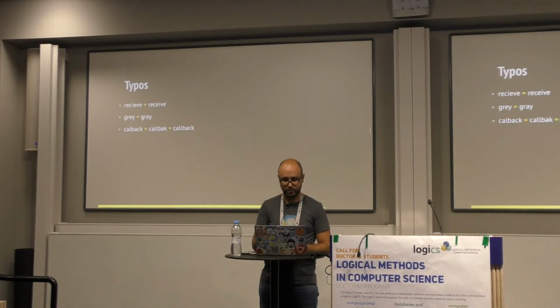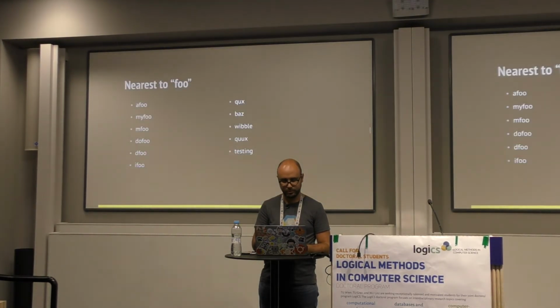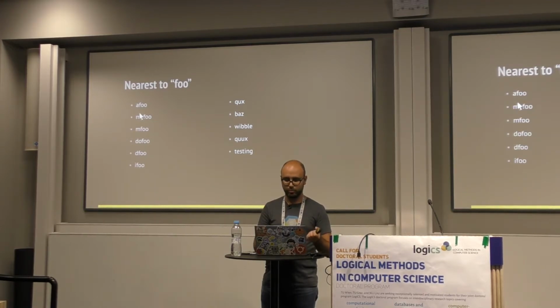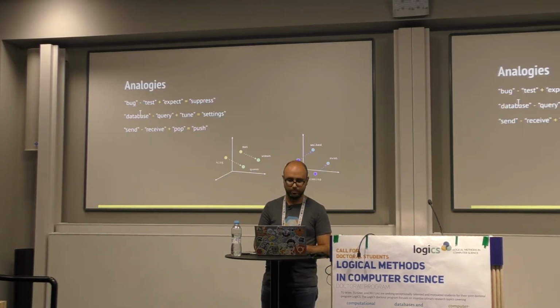I'm skipping this and just passing over to the results. So in this case, our splitting was not so perfect. And if you look for identifiers nearest to foo, you not only get metasyntactic variables, but also you get a lot of prefixes. It works for normal ones. The results are a bit better. As I said, you can do analogies.